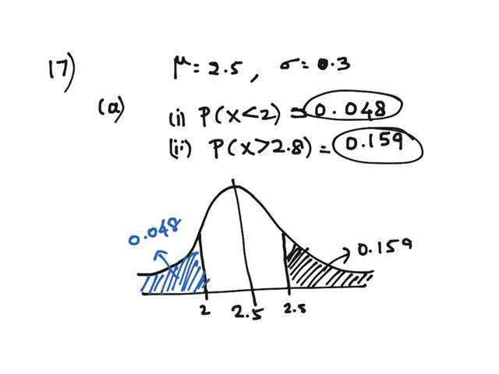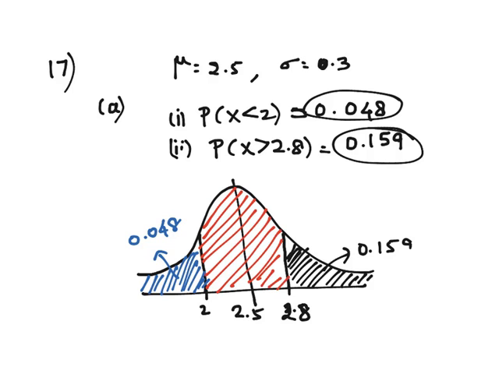Find the probability that all 10 chickens weigh between 2 and 2.8. So this is 2.8. Now, how do we find this area, student? How do you find between 2 and 2.8? Quite simple.